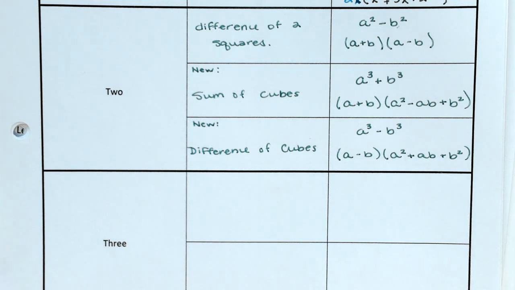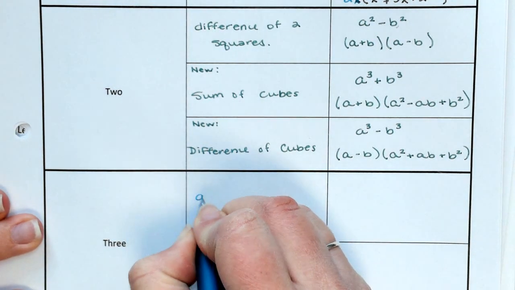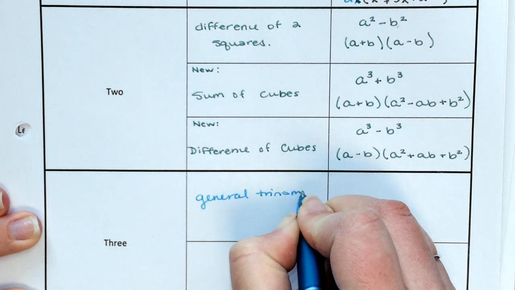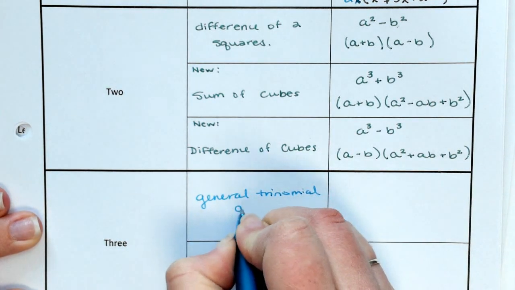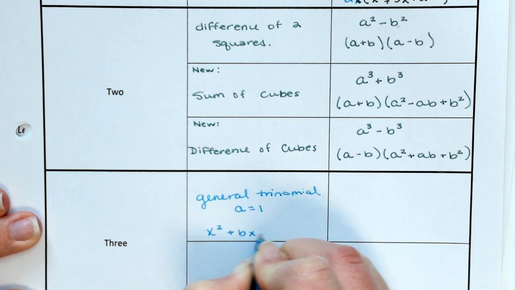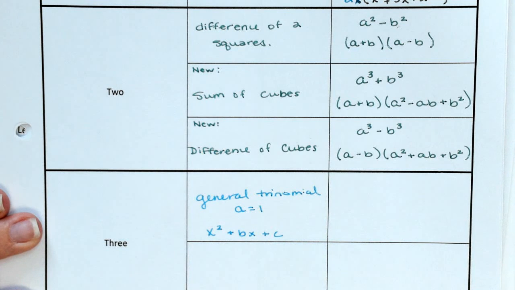All right, so if there are 3 terms, you have 2 cases. You have the general trinomial where a is 1, where it's x squared plus bx plus c.